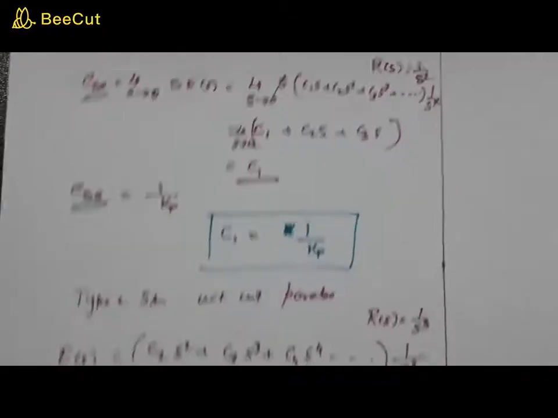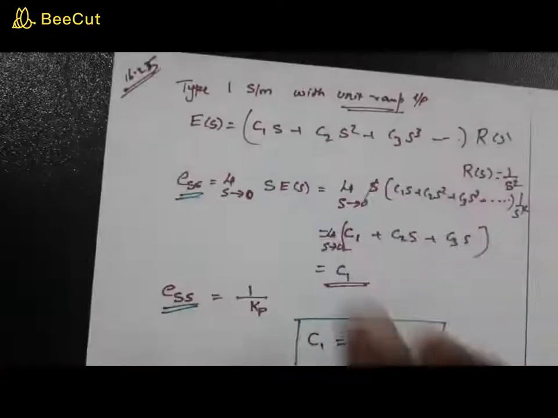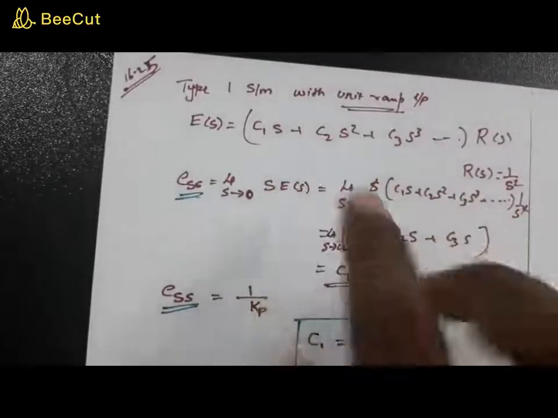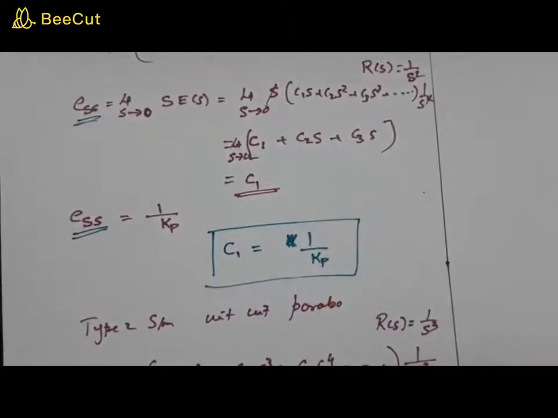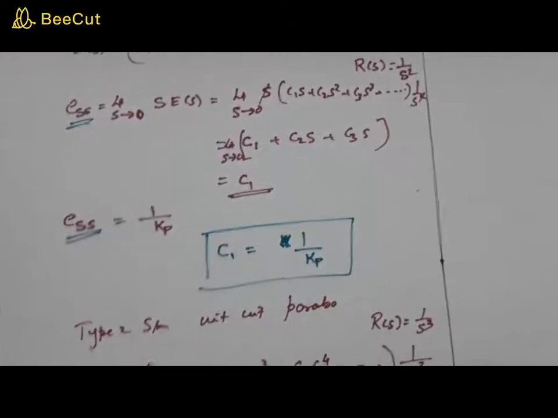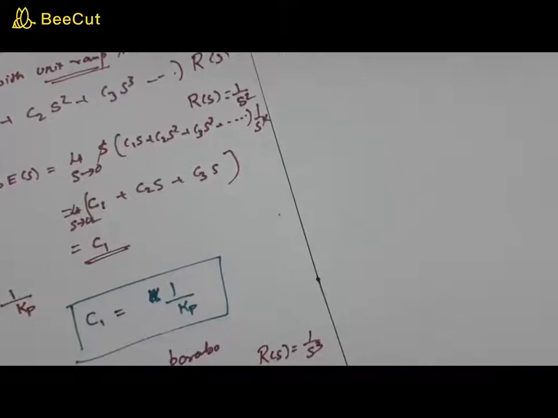And that's the problem with the static error coefficient. But the dynamic error coefficient can be considered as a generalized error coefficient, because you can find out the error at any time, and not only that, you can find out the error for any type of input.